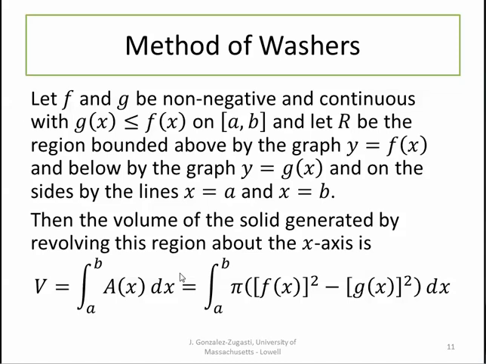Then the volume of the solid generated by revolving this region about the x-axis is equal to the area of your cross-sections integrated from a to b, which is equal to the integral from a to b of pi times your upper function f of x squared minus your lower function g of x squared.